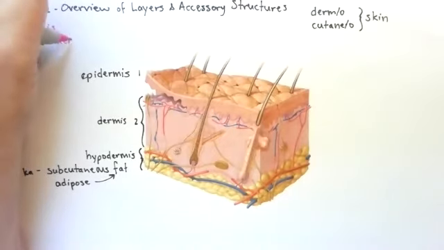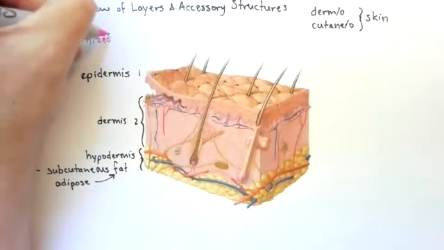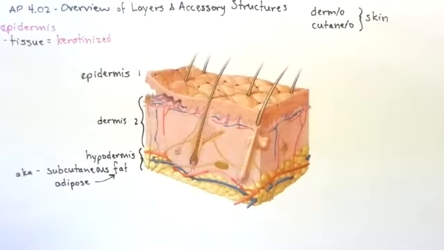The first word is keratinized. Keratin is a type of protein, and what that means is that this is made of almost all protein. Oddly enough, your hair, your nails, and the outside of your skin are all just keratin, and the cells aren't alive. That's what makes it not hurt if you get scratched or you cut your hair. That protein is keratin. It's tough, and it really protects.